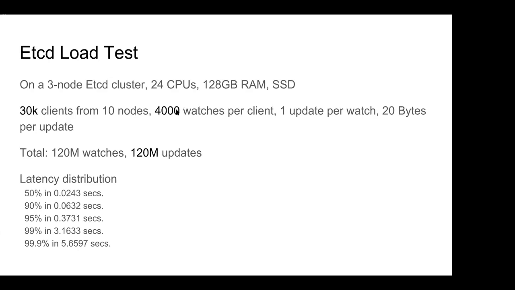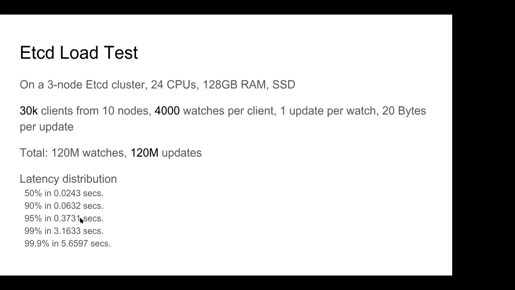This is way more than what our production load looks like, but we just wanted to load test it a little bit over the production traffic. Then we created one watch, one update per watch, per key, basically, and the payload is not too big. So in this test case, we had 120 million watches, and we sent out 120 million updates.